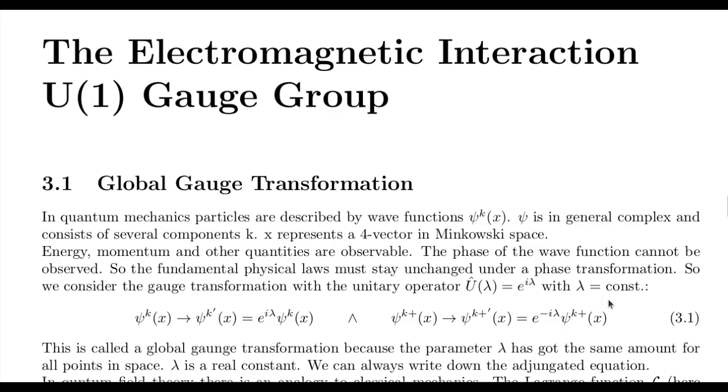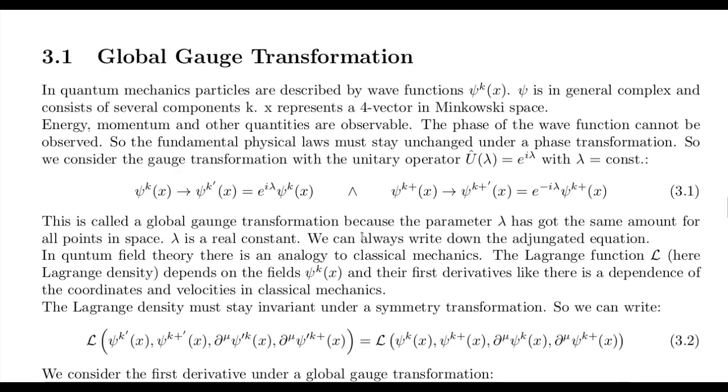Now, lambda here is constant. That means we have the same value lambda at every point in space. And then we can write for the transformation: the old wave function goes over to the new psi prime. And so we apply the unitary operator, e to the power i lambda, to the wave function psi.